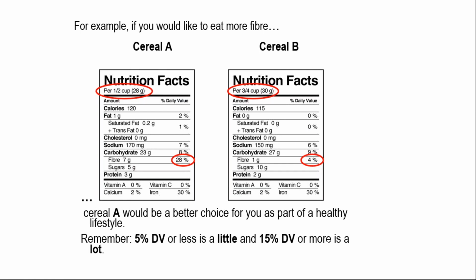So if you are looking for a high fiber food, cereal A would be preferred over cereal B. Of course, with 28%, you're getting 1/4 of the fiber which is required for the day.